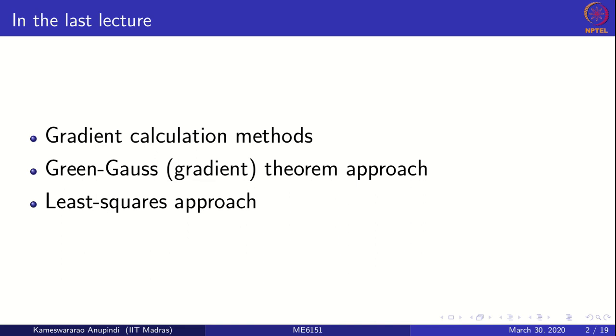In the Green-Gauss method, we used the gradient theorem, or the Green-Gauss theorem, wherein the volume integral of the scalar is written as a surface integral, right? And then we calculated what the gradient is.